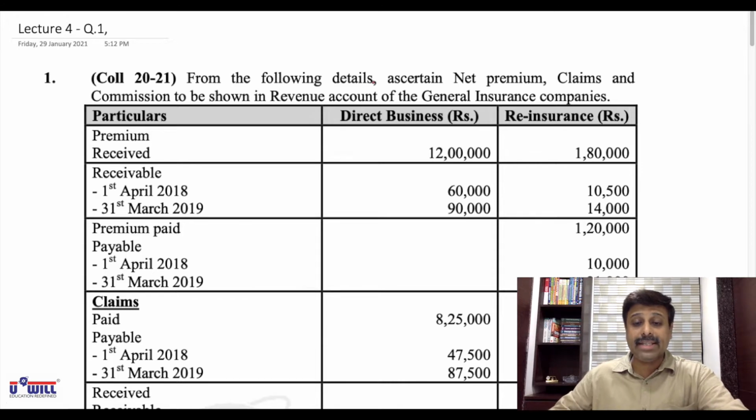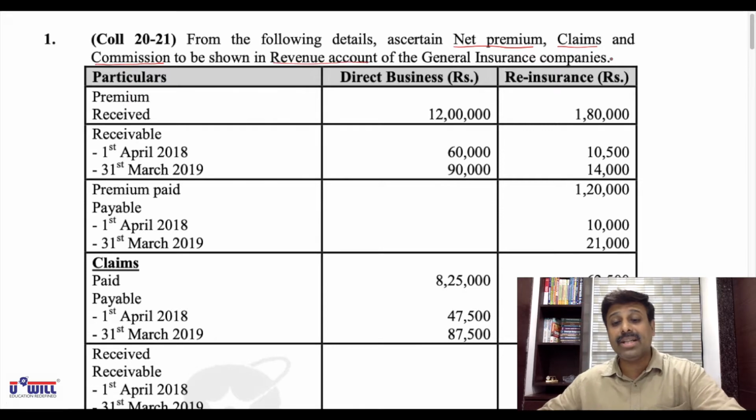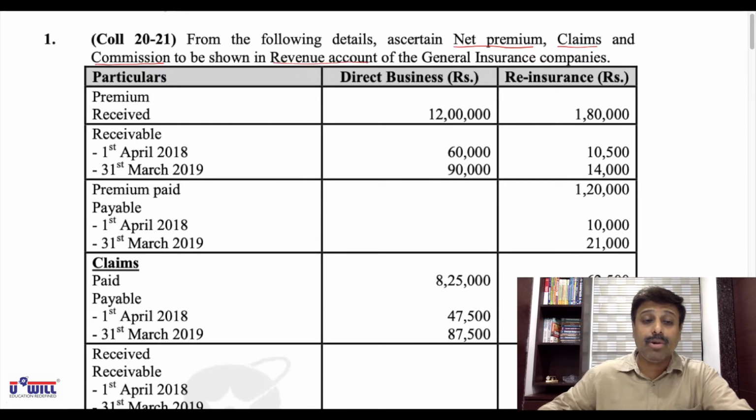From the following details, ascertain net premium, claims and commission to be shown in the revenue account of the general insurance companies. Now here we don't have to make the revenue account, we just have to make the schedules.